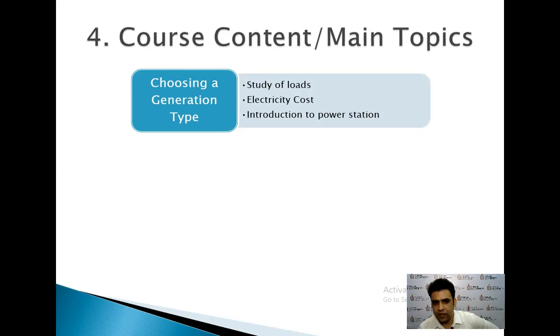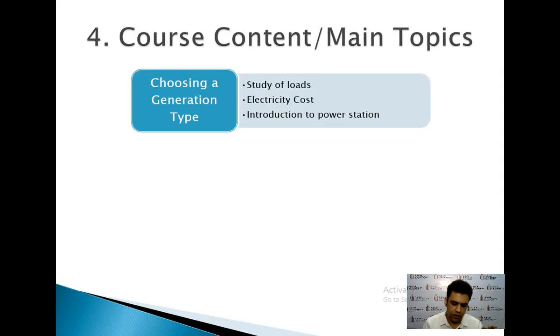Next, electricity cost. After choosing a generation type, I will also compare its cost with the current electricity cost, for example, as provided by K-Electric or WAPDA in Pakistan. I must know about the electricity cost. We will calculate and compare the generation, installation and running cost, life, everything, with the electricity cost.